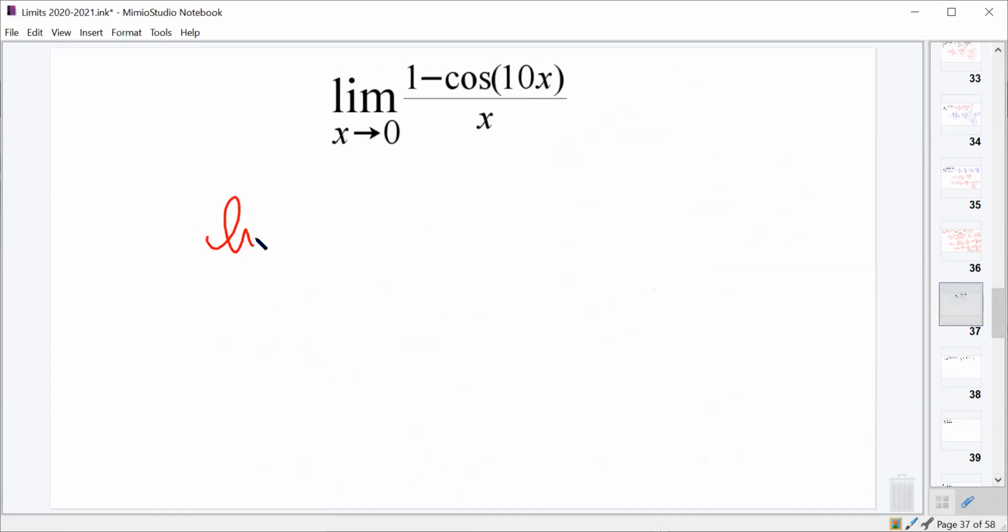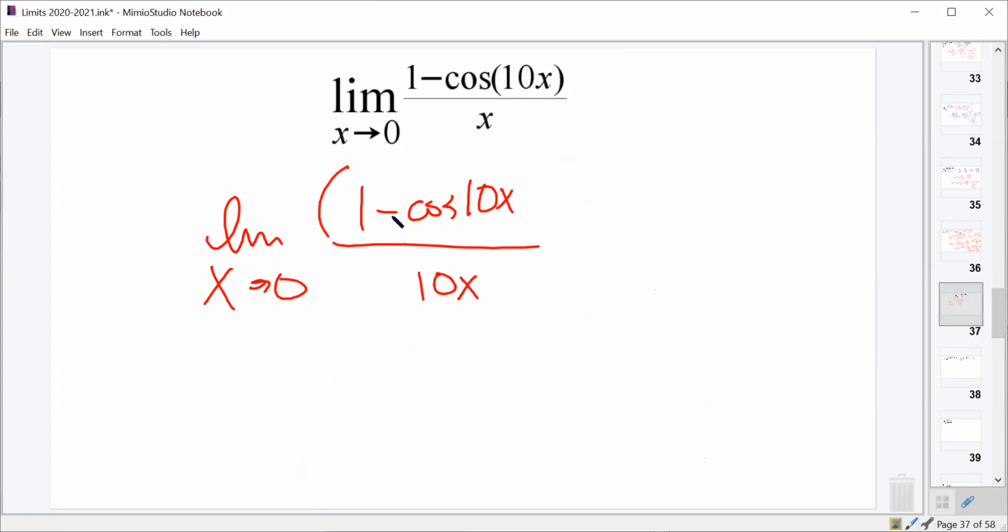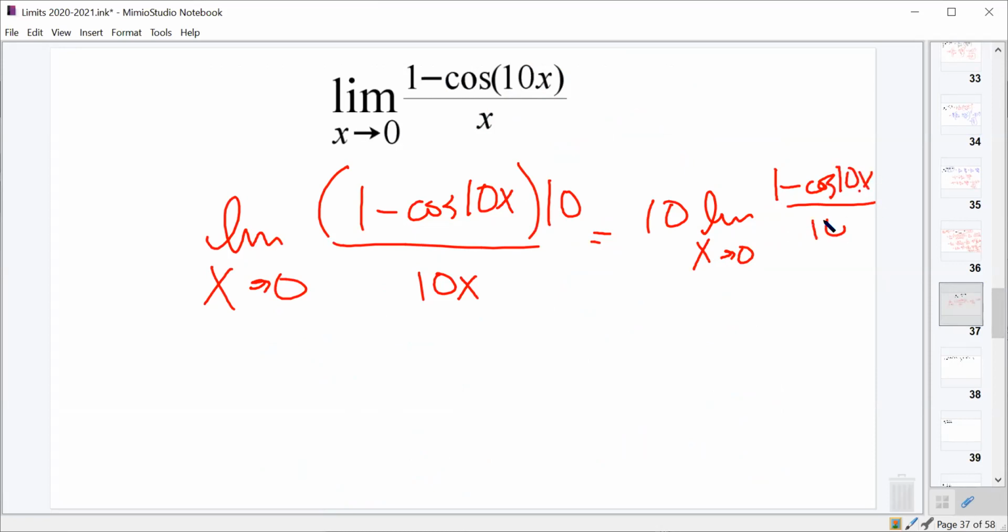So let's do that. Let's make this the limit as x approaches 0 of 1 minus cosine 10x over 10x, which means I've got to multiply the top by 10. Yeah? And this 10 in the numerator can be pulled out: 10 times the limit as x approaches 0 of 1 minus cosine 10x over 10x.